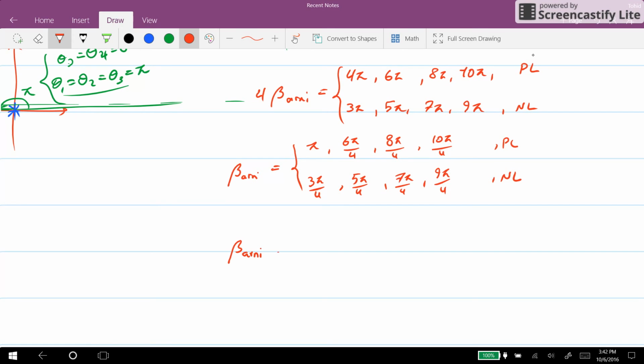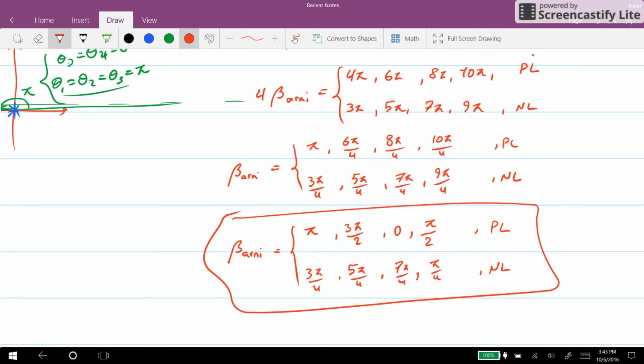Indeed, beta arrival could be rewritten as pi, 6 pi over 4 is equal to 3 pi over 2, 8 pi over 4 is 2 pi or 0, and 10 pi over 4 is equal to 2 pi plus pi over 2, or pi over 2. For the negative locus, we have 3 pi over 4, 5 pi over 4, 7 pi over 4, and 9 pi over 4 is equal to 2 pi plus pi over 4.